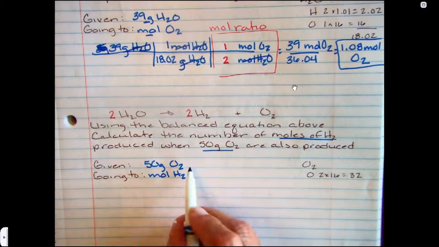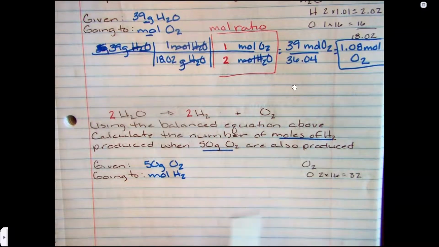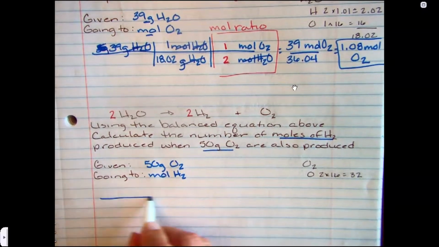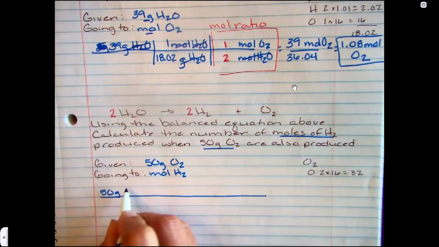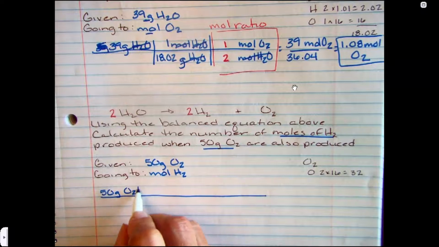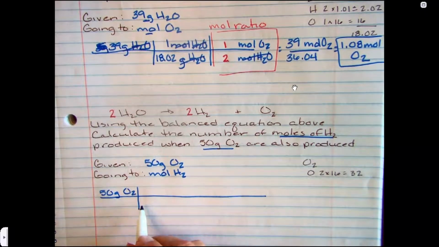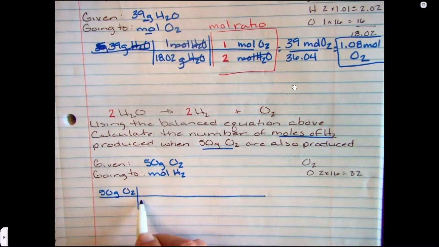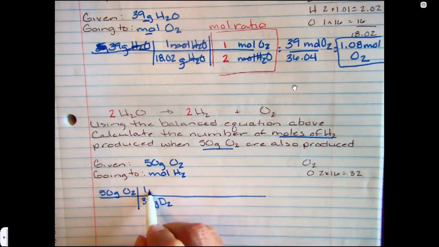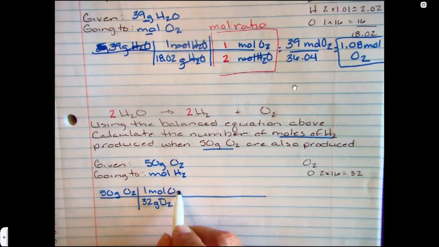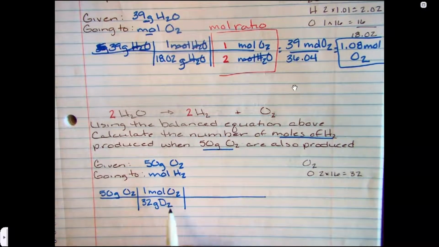So we have to make sure that we have our molar mass of O2. I've already worked that out. And then we set up our T-chart. So we start with 50 grams O2. Now remember, we have to convert that to moles, so we're going to have our 32 grams O2 is 1 mole of O2.